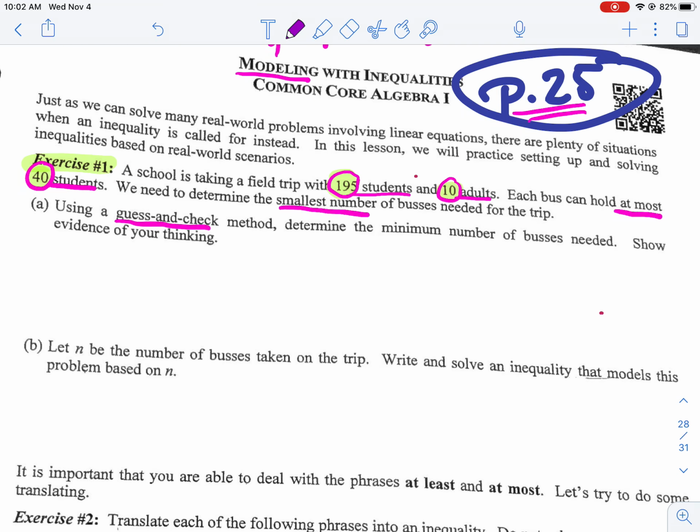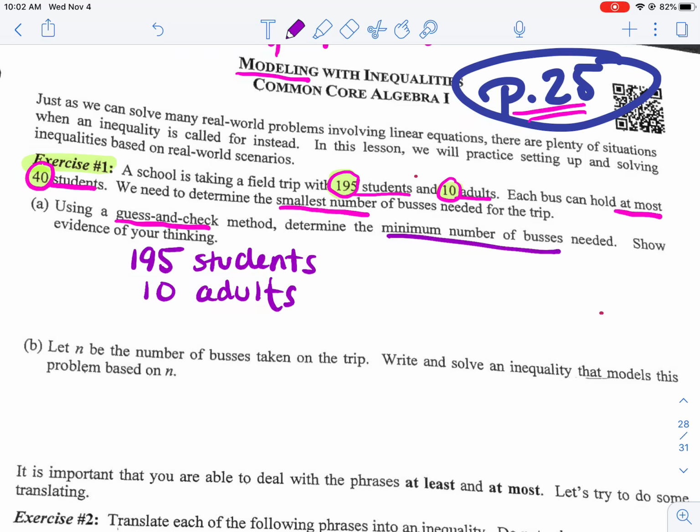We're first going to use a guess and check method to determine the minimum number of buses needed, which makes sense because in the real world you wouldn't want to pay for extra buses, right? So we have 195 students, 10 adults, and each bus can hold at most 40 students.